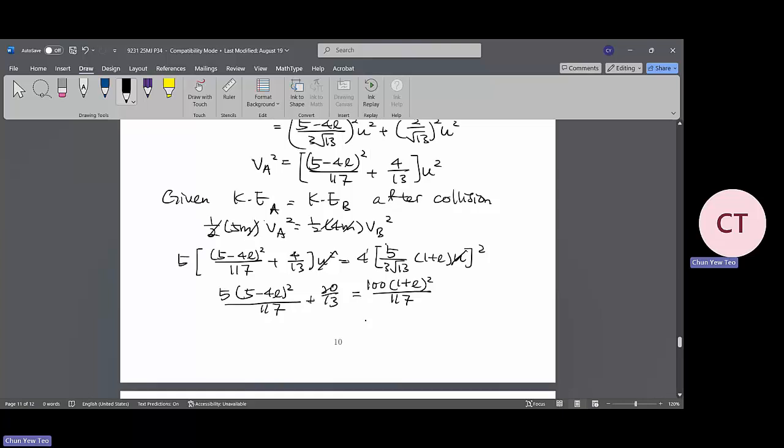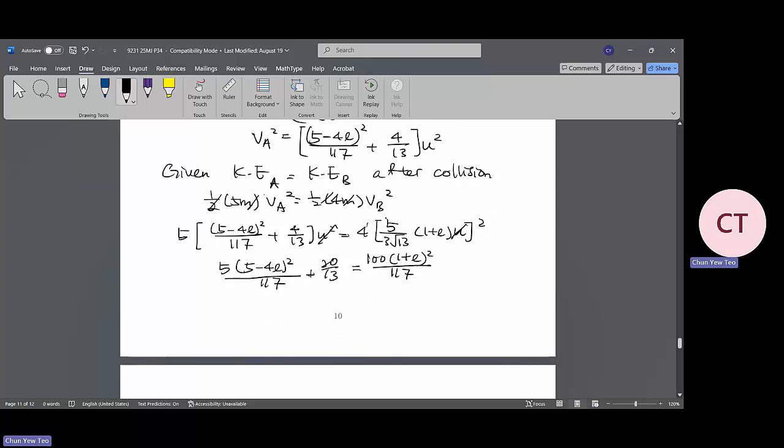So we just need to cancel it. Multiply everything by 117. You get 25 minus 40E plus 16E squared, then plus 180, is equal to 100E squared plus 200E plus 100.